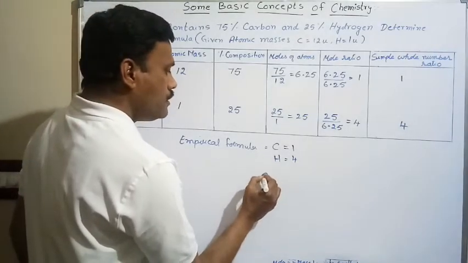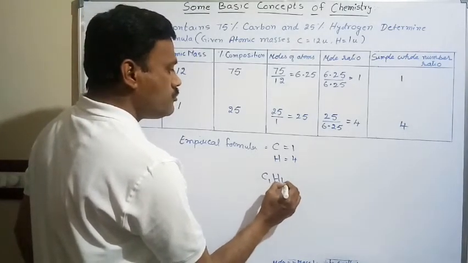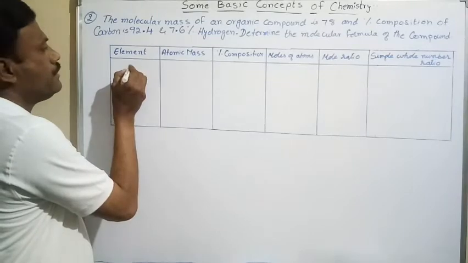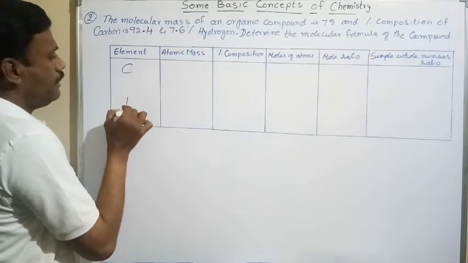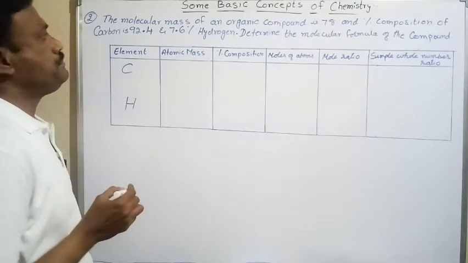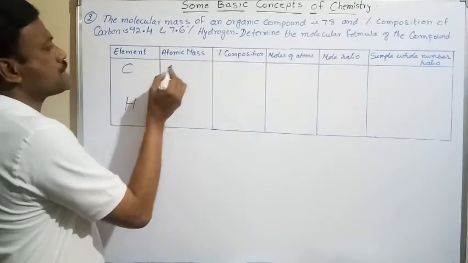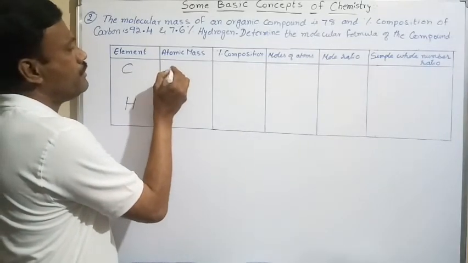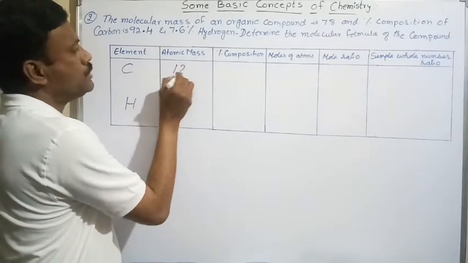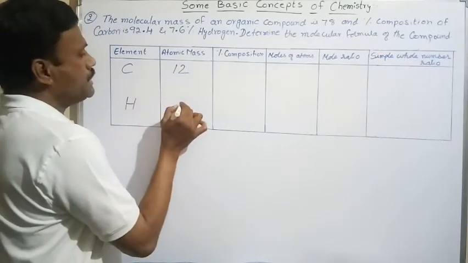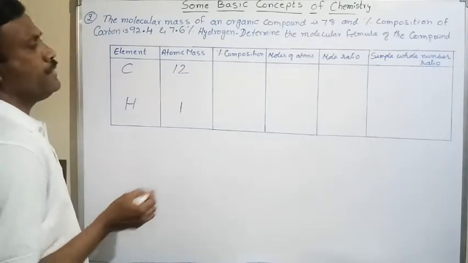Therefore, the empirical formula is C1H4. Next problem: elements carbon and hydrogen. Atomic mass of carbon is 12 and hydrogen is 1.